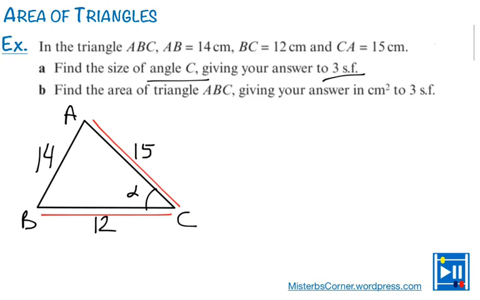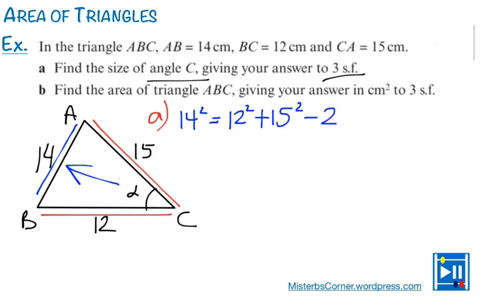Right, so for part A, let's start with the cosine rule, right? So it's going to be, right across the angle being alone, 14 squared equals 12 squared plus 15 squared minus 2 times 12 times 15 times cosine alpha.